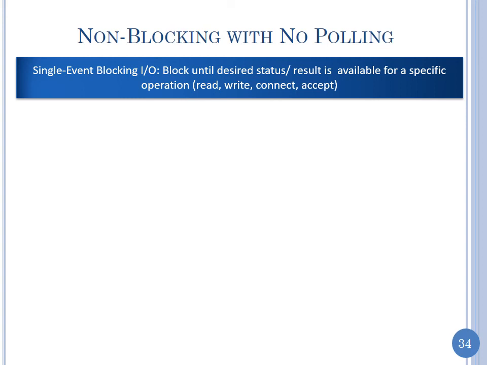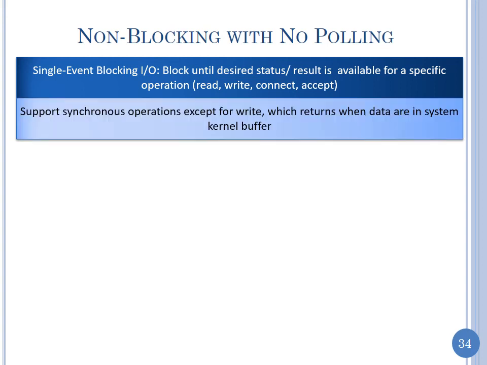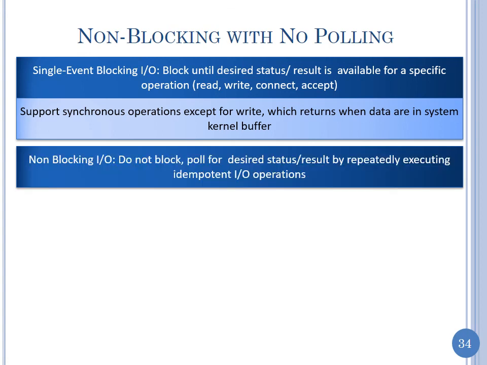Okay, so we have 4 IO operations: read, write, connect, and accept, and they're all blocking. Sorry, they're all synchronous except for the write operation, which blocks till you have space in the kernel for the write.